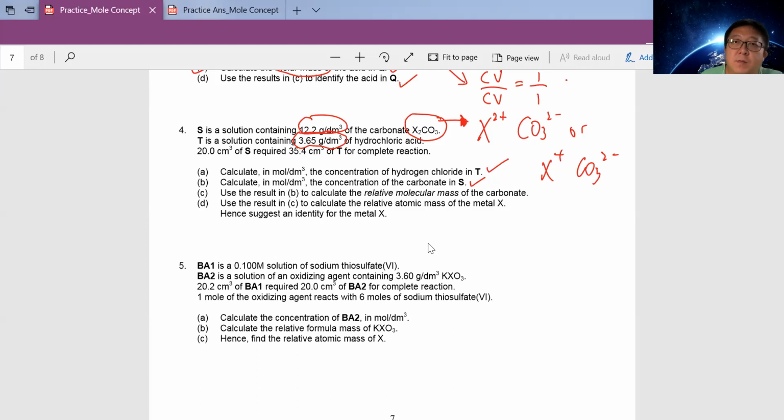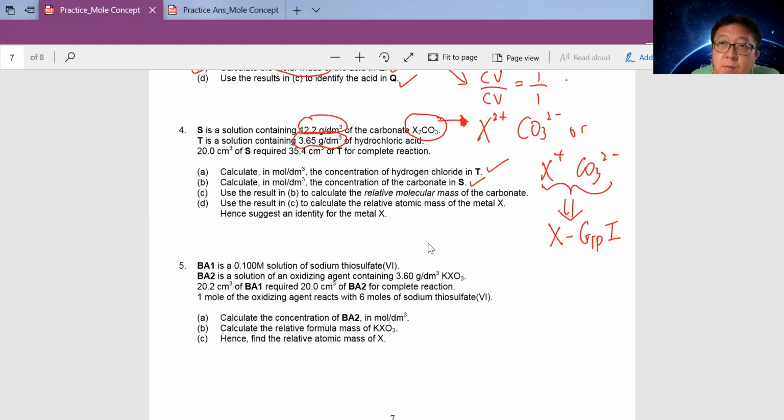In order to get this formula, you know where I'm coming from. Why do I want to train you this way? This formula tells me something very interesting. X is in group 1.